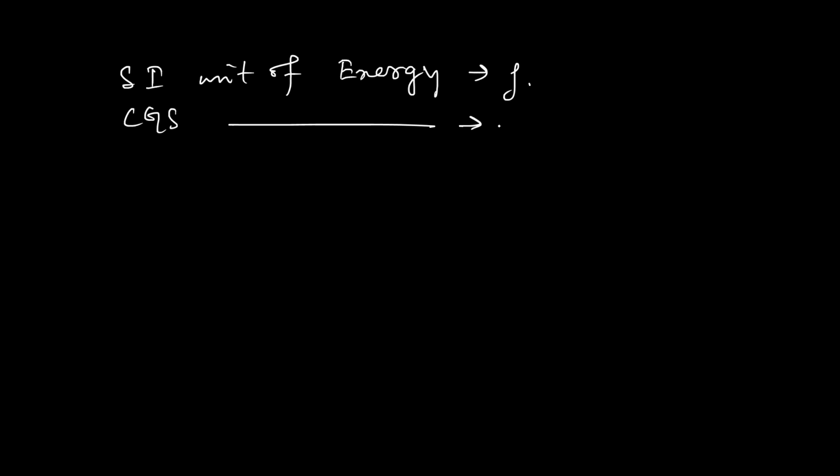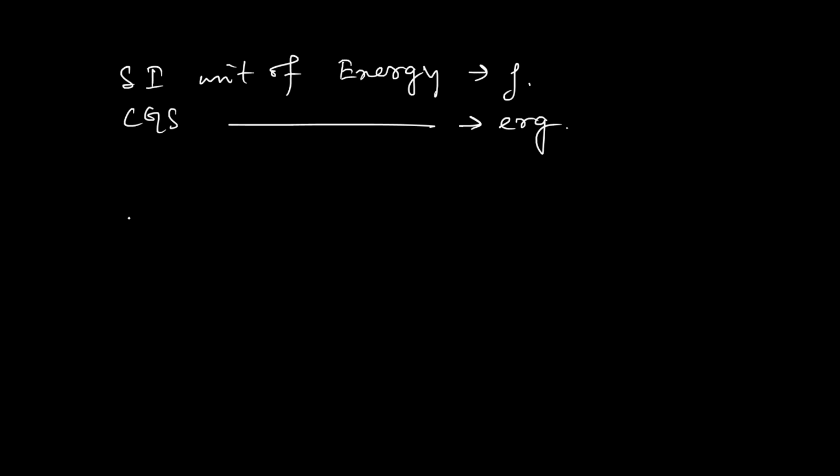As I have said, energy is the ability to do some work, so it has the same unit as work done, that means joule. The SI unit of energy is joule, and the CGS unit of energy is erg.